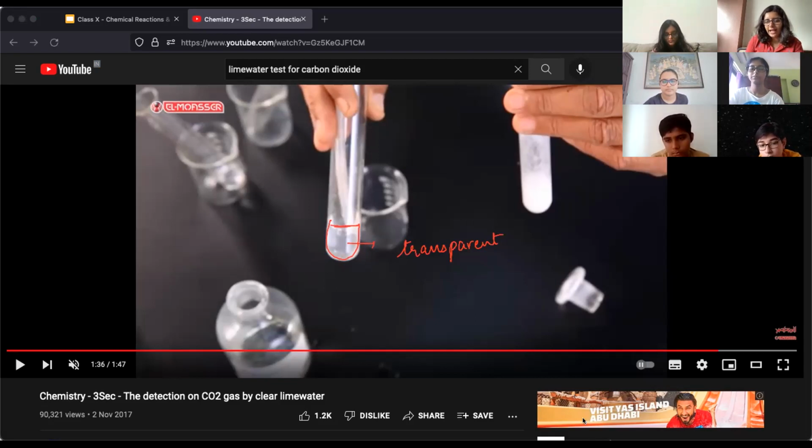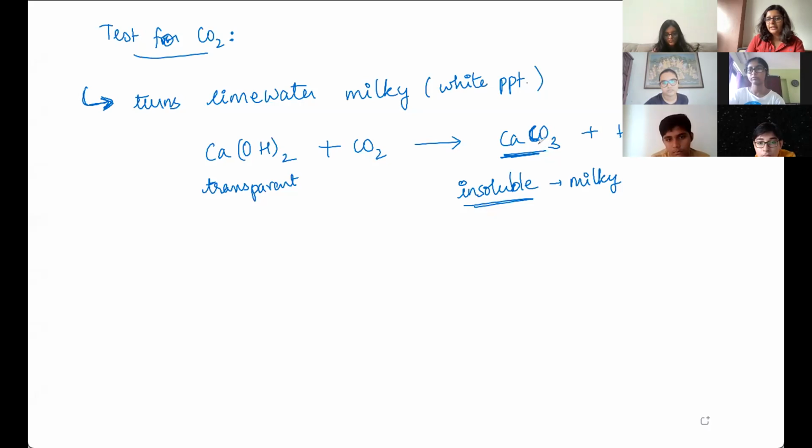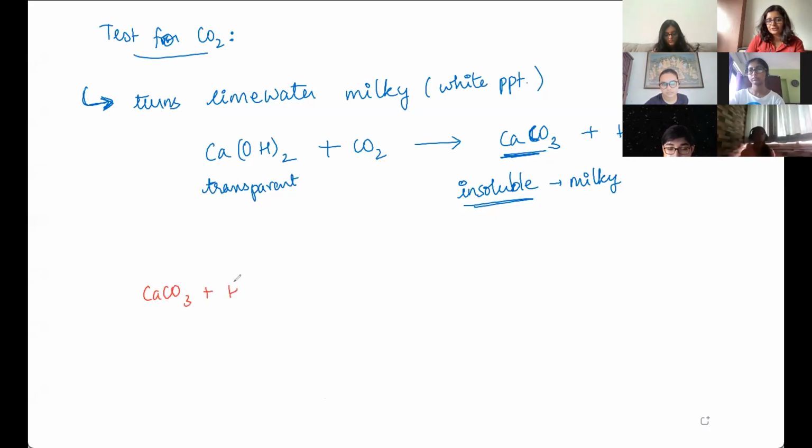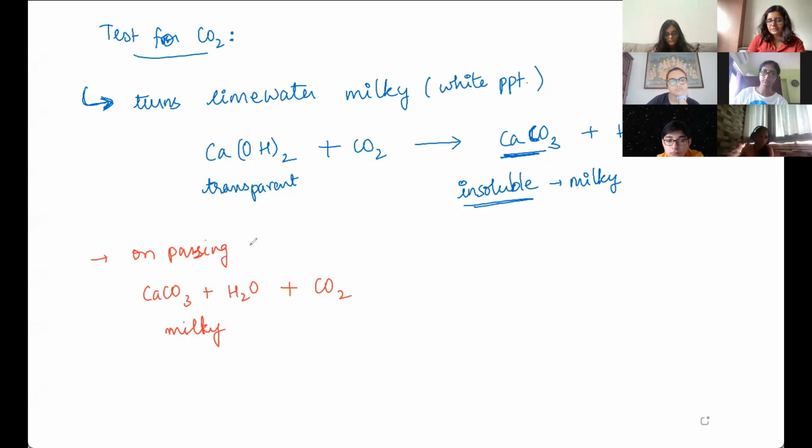Okay. So what happened here is, let's go back to our reaction to see what is happening. So right now, in our test tube we already have calcium carbonate plus H2O. So this is your milky solution, giving the milkiness. Now you keep passing carbon dioxide, excess CO2. So we can write it here: on passing excess carbon dioxide.